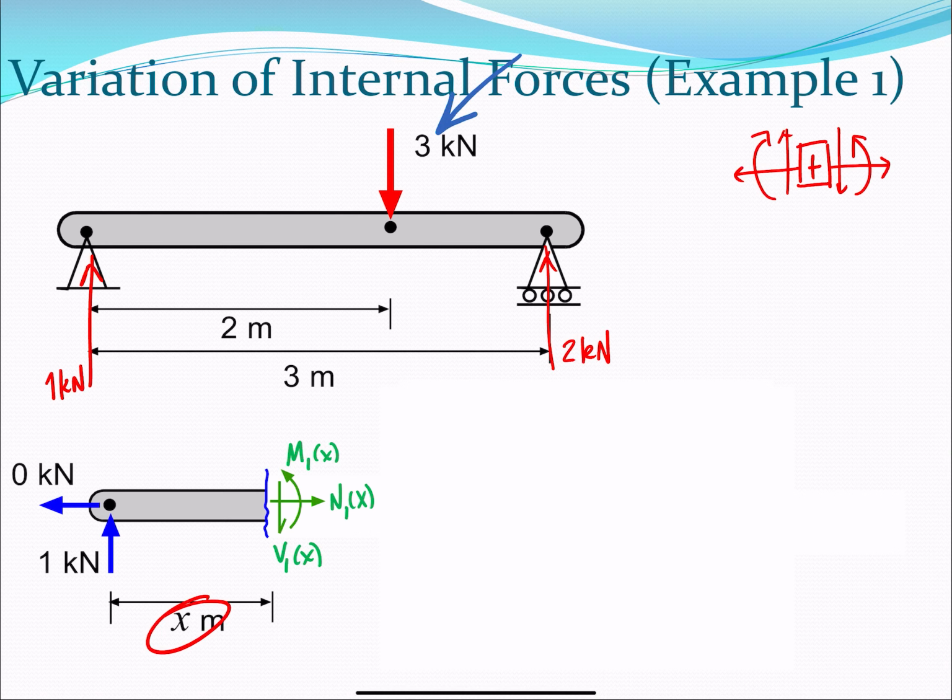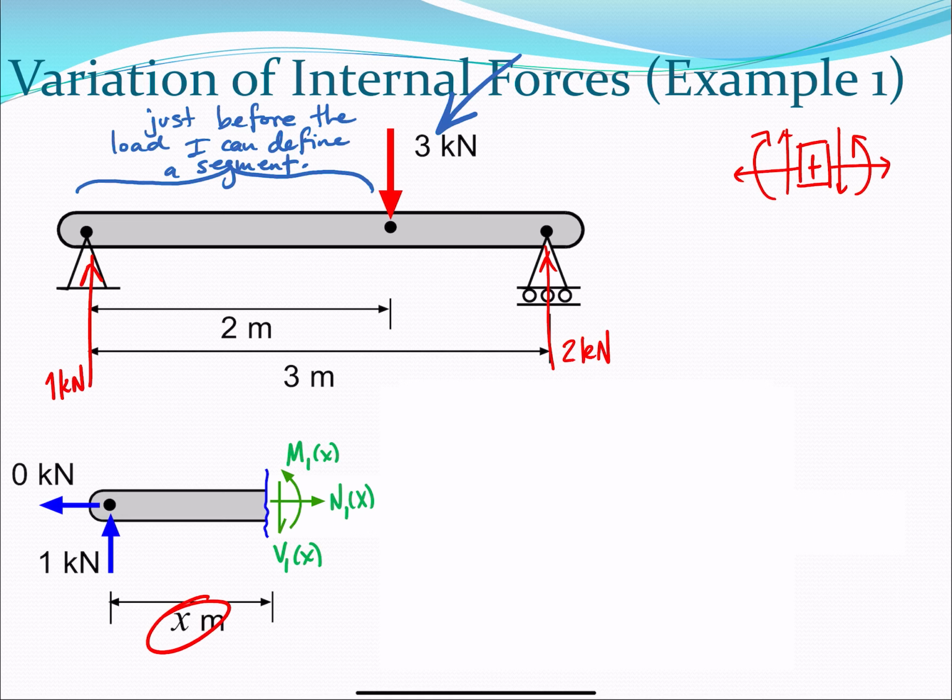I can very well define a segment just before the load, for which my variable x here below is going to be valid. But after the load, I have to reapply my method.